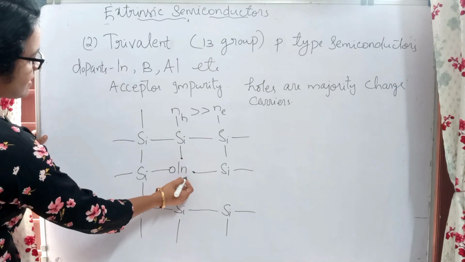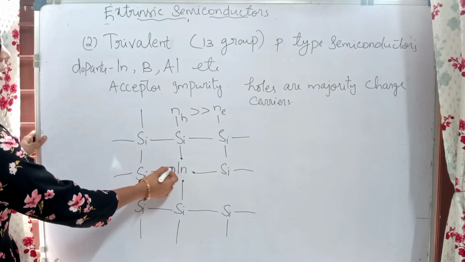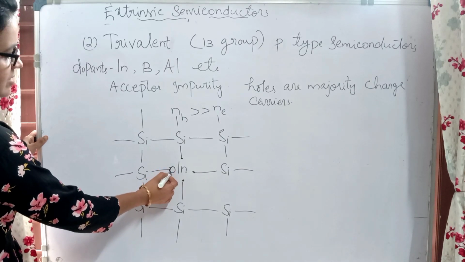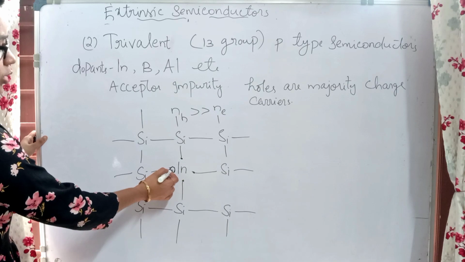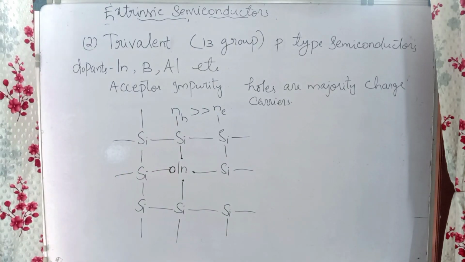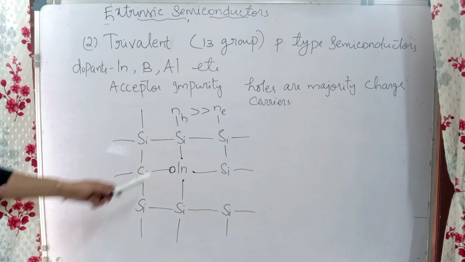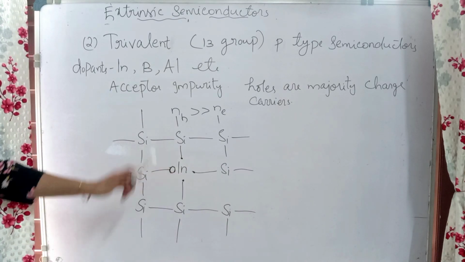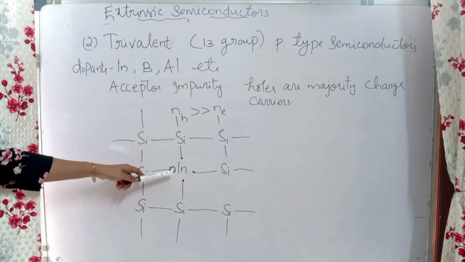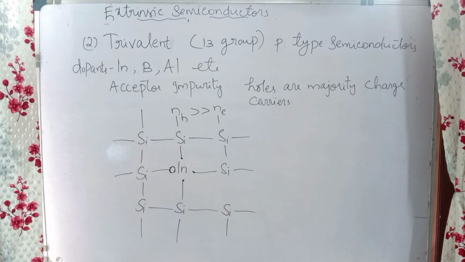Here we can see these 3 will form covalent bonds, and here one hole is there because one vacant space is there. Here there is no electron to form the covalent bond. So what will happen here? A hole will be formed in this place, right? So in order to fill this hole or vacancy, another electron should move to this place. Then what will happen? Another hole will be created in this place.